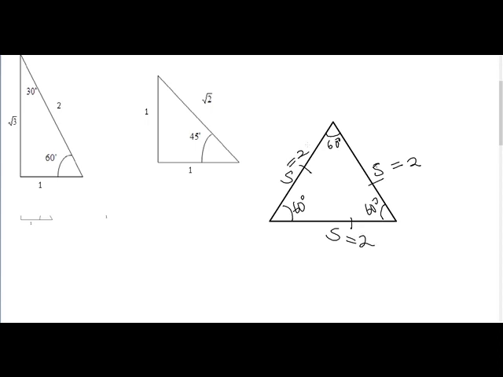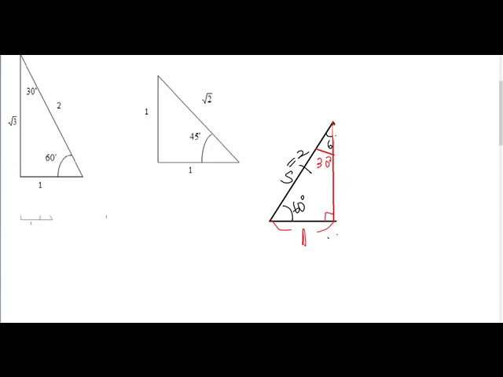Now, if I split this triangle in half, this angle measure right here will be 30 degrees. And now I'm making this one a right triangle. Since this length is half of 2, it will be 1. Now I'm going to erase the rest of it.